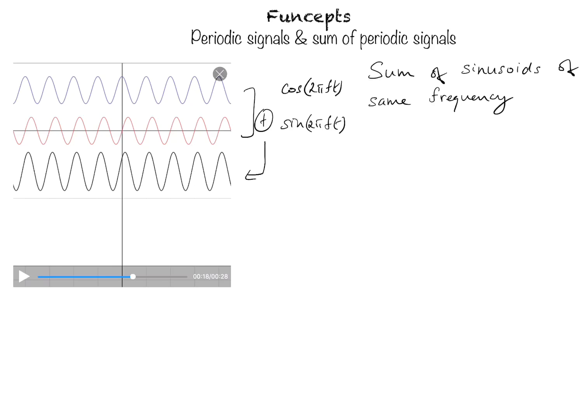So this black waveform, which is a sum of the top waveform, which is the cosine wave, and the red one, which is the sine wave, is a sinusoid, but it has a phase shift.